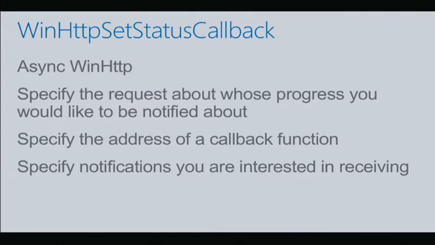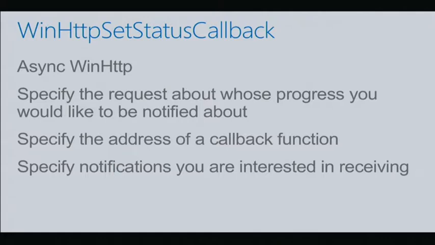Okay, WinHTTP set status callback. Up to this point, everything in WinHTTP is similar for both the synchronous and asynchronous versions. This is where it diverges. Outlook uses async WinHTTP, and that's done using the set status callback.